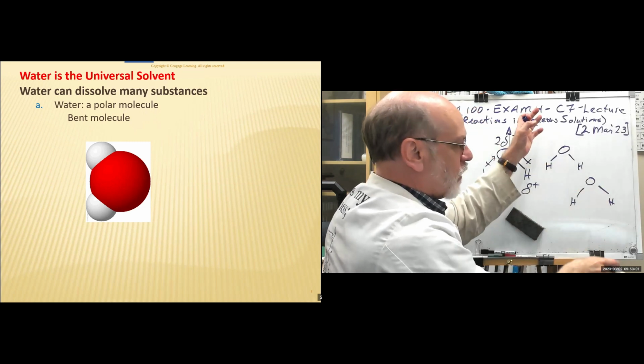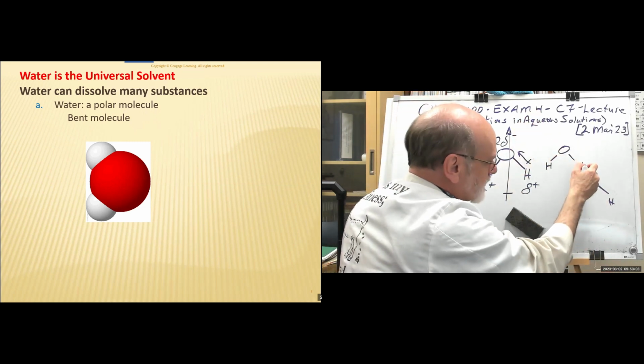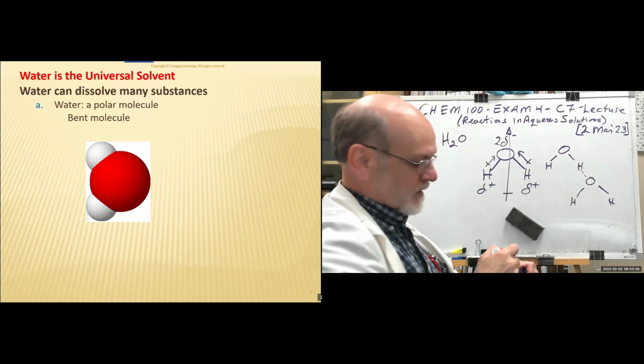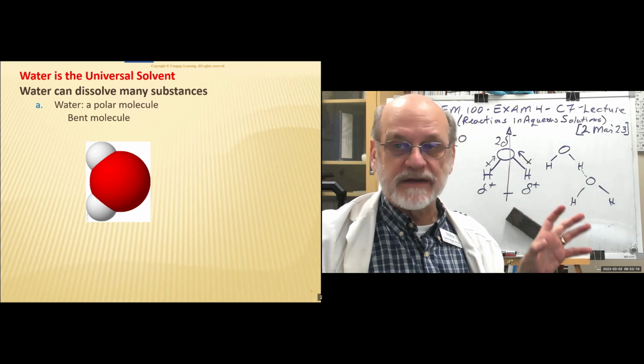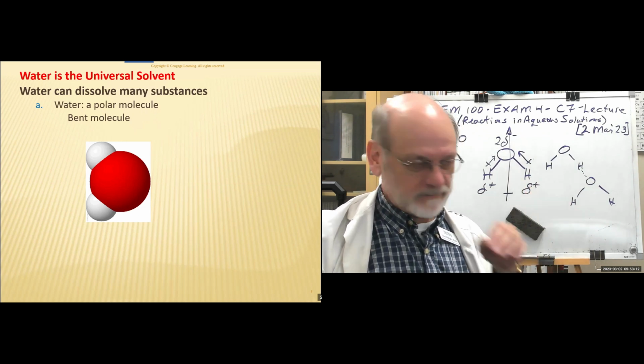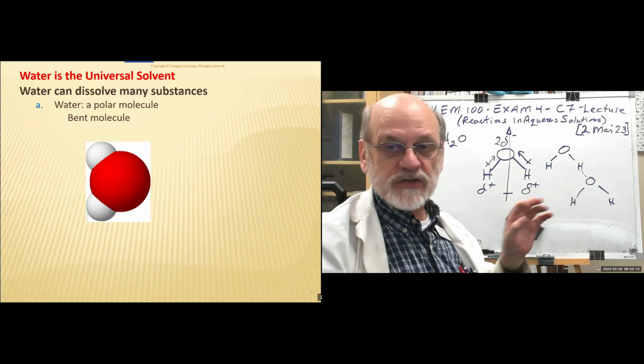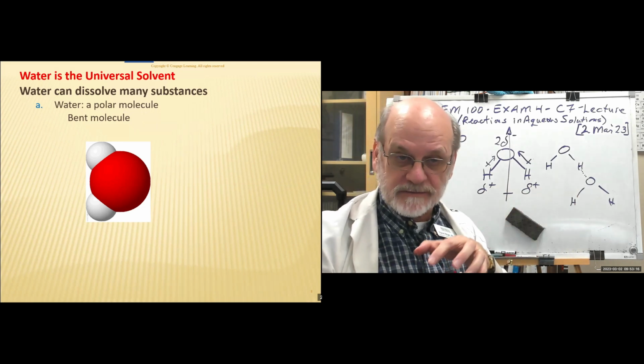The positives are far away from each other, and the positive and the negative are close, and they form a partial bond. This is not a complete covalent bond, but it's a partial electrostatic attraction, okay?